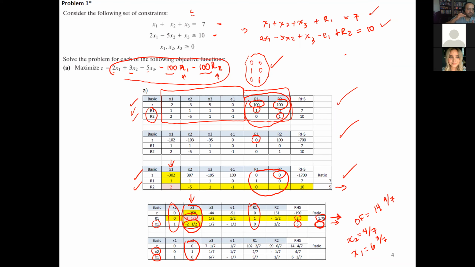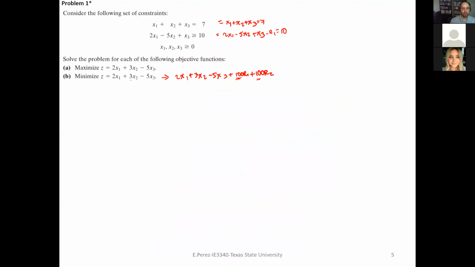You want to make z as big as possible, so you penalize the artificial variables by subtracting them, because that goes against your objective. The artificial variables have to go against the objective function in order to be penalized. That's why in a minimization problem, the objective function adds the artificial variables.